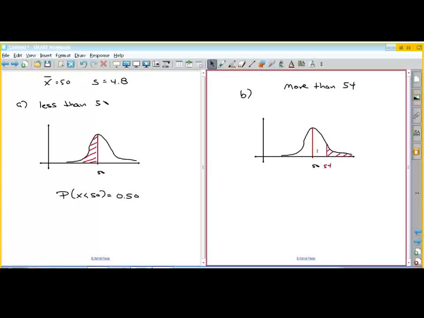Now, because this hashed-in area does not start at the middle, what we have to do is a subtraction process. So what we do is we find the area under this half of the curve. So that's everything.